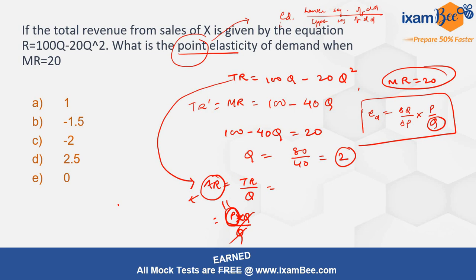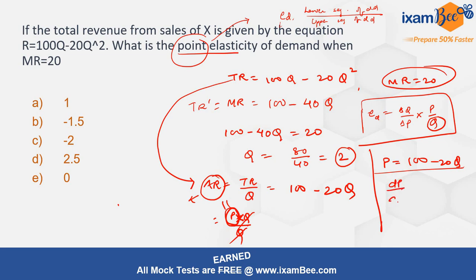So this is total revenue divided by quantity: divide 100Q minus 20Q square completely by Q. You have 100 minus 20Q. This is your average revenue. So you can write price as equal to 100 minus 20Q. Now you differentiate this whole equation with respect to Q.